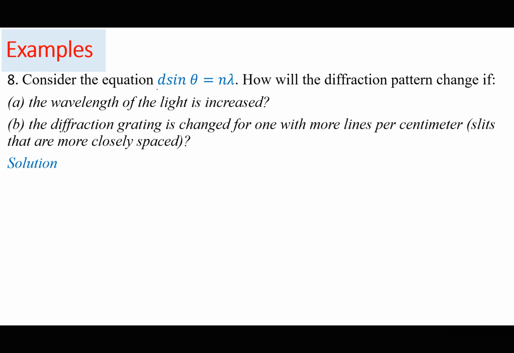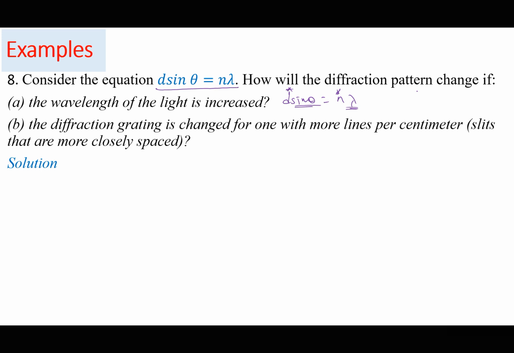Consider the equation d sine theta equals n lambda. How will the diffraction pattern change if the wavelength of light is increased? So from d sine theta equals n lambda, if d remains the same and n remains the same, it means if wavelength is increased, sine theta is also increasing, theta is also going to increase, so the angle of diffraction is going to be increased.